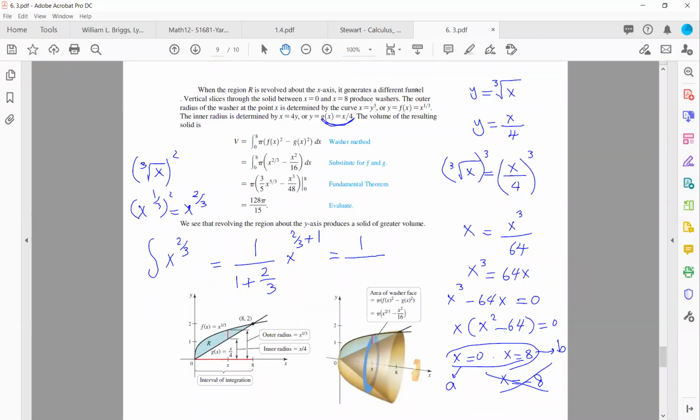It's equal to 1 over 1 plus 2/3, x to the 2/3 plus 1, which gives you 5 over 3, x to the 5/3. So if you flip this, you get 3 over 5, x to the 5/3 minus the integral of x squared, which is a third, x to the third. 3 times 16 gives you 48. Now just plug in 8. 0 just gives you 0. So after plugging in 8 and simplifying the whole thing, the volume is 128 pi divided by 15.